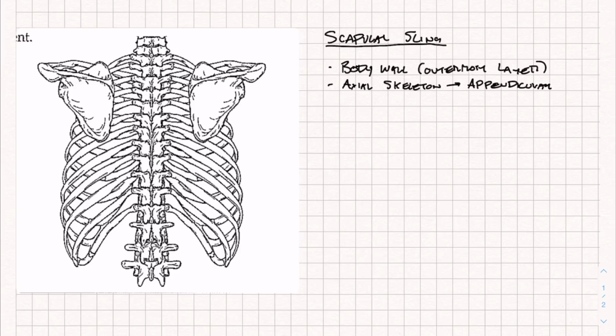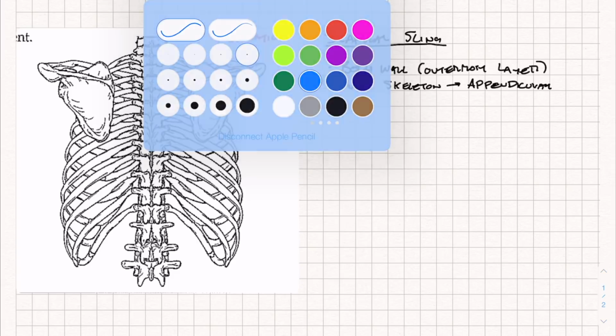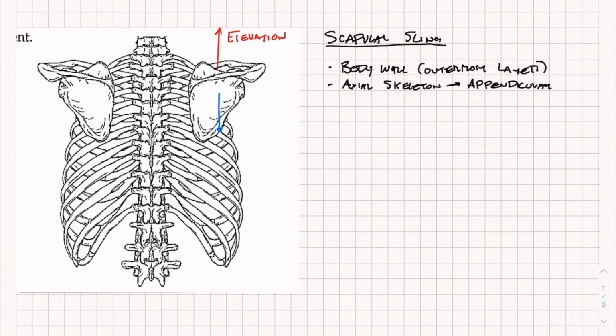Next, we should talk about the actions that these muscles can perform, and these are all pretty much going to act on the scapula. So we're looking at the scapula. If we move the scapula up like this, that's what we call elevation. If we move it down the opposite way, that's called depression.